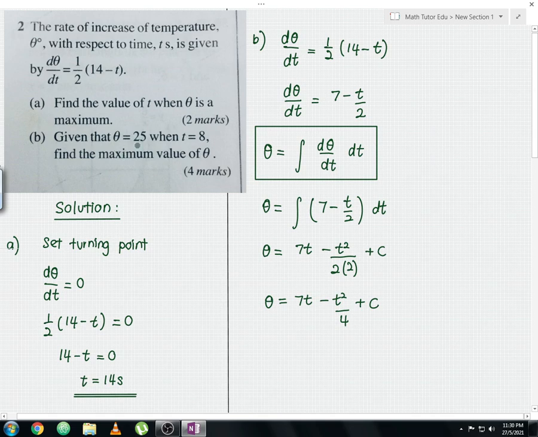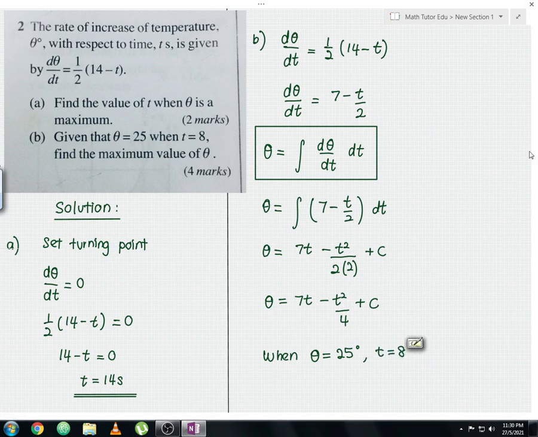When theta is equals to 25, you get your time is equals to 8, or given that theta is equals to 25 when t equals to 8, so it can be either way around. So when theta is equals to 25, in this case 25 degree, you should get your t is equals to 8 seconds.